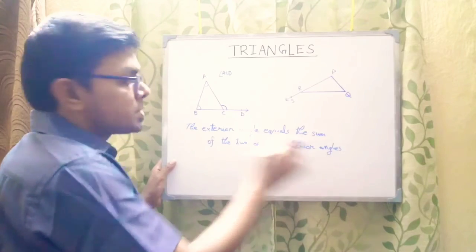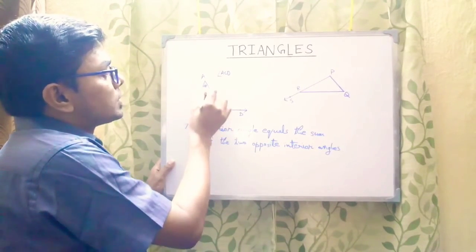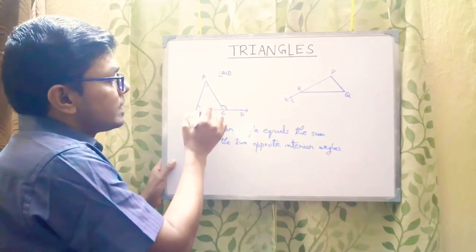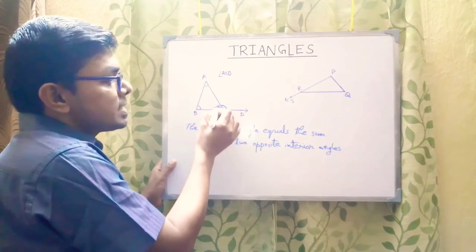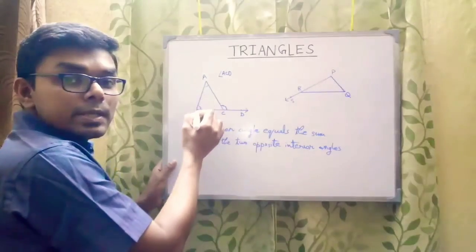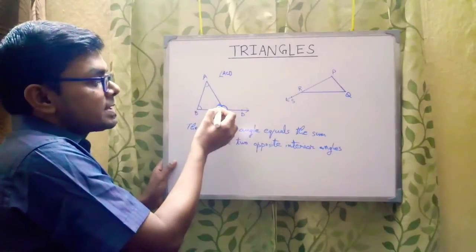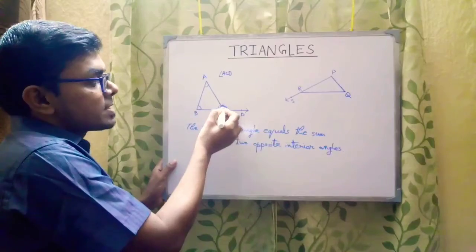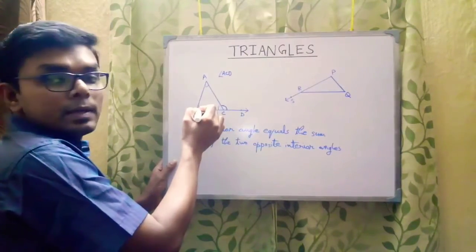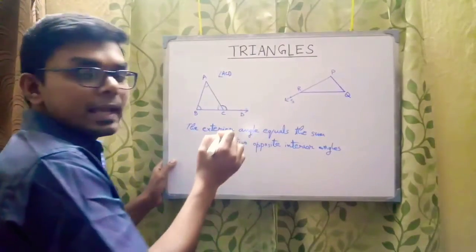2 opposite interior angles. What do you mean by opposite interior angles? The 2 opposite interior angles here mean this and this. This is the adjacent interior angle and these are the opposite interior angles. This interior angle is adjacent to this exterior angle ACD, and these angles A and B are opposite to the exterior angle ACD.